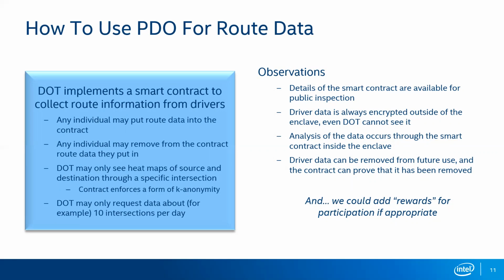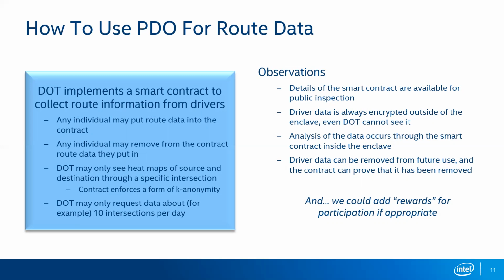So even though the DOT owns the contract, the only operations that they're allowed to perform on that contract are what amounts to K-anonymous queries for us, but you can think of them as differentially private queries, which reflect essentially a heat map of source and destination through the specific intersection.